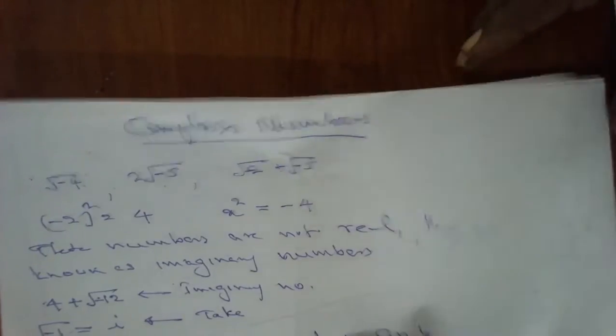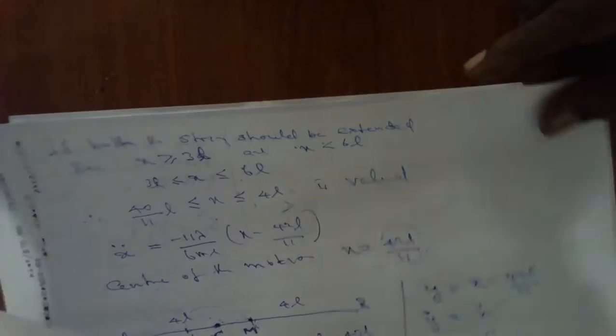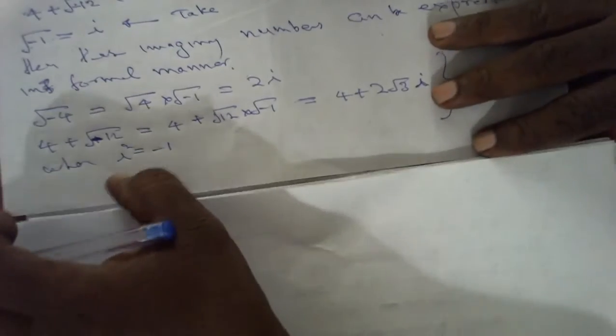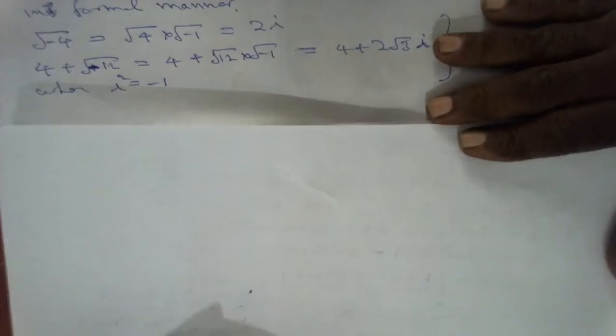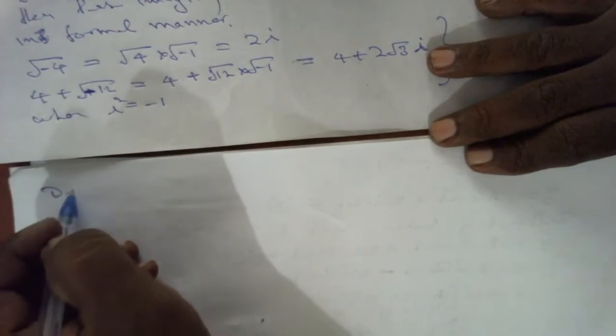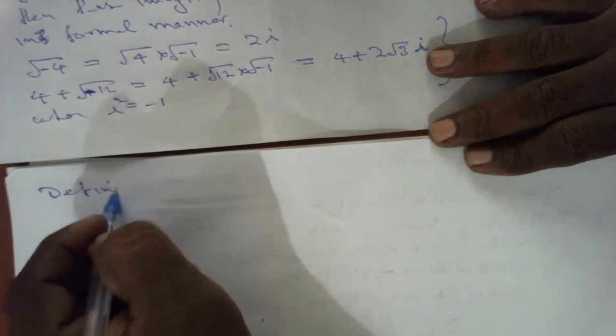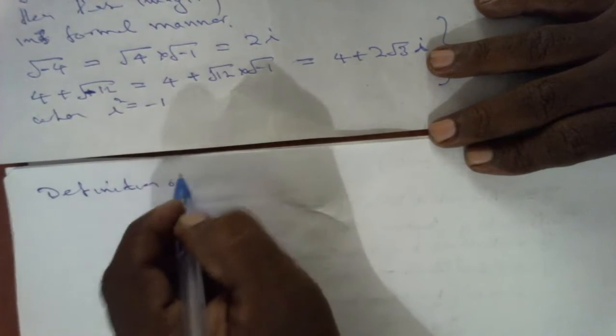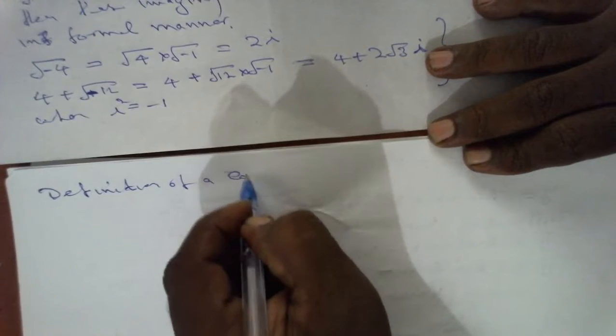How do you express a complex number in the formal manner? What is the definition of a complex number?